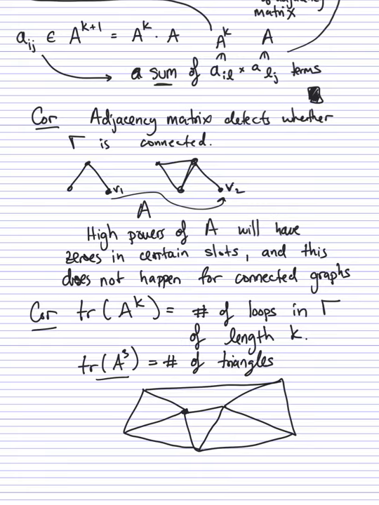You have to be a little careful in general because if you take, say, the trace of A to the 4, it's not really the number of rectangles in your graph. Notice this is picking up paths that just go right back there.